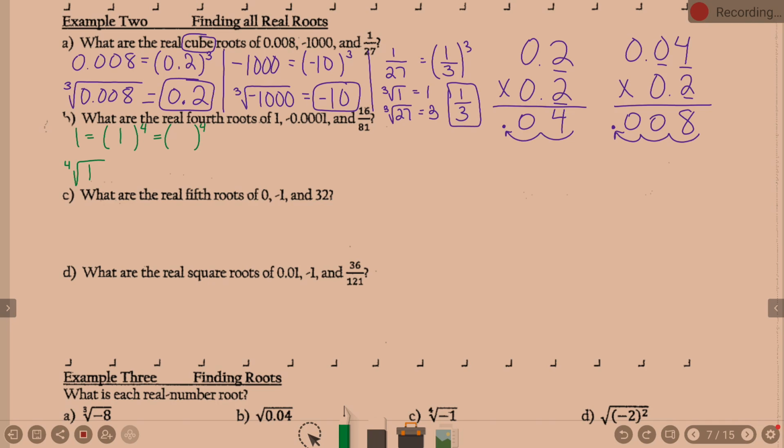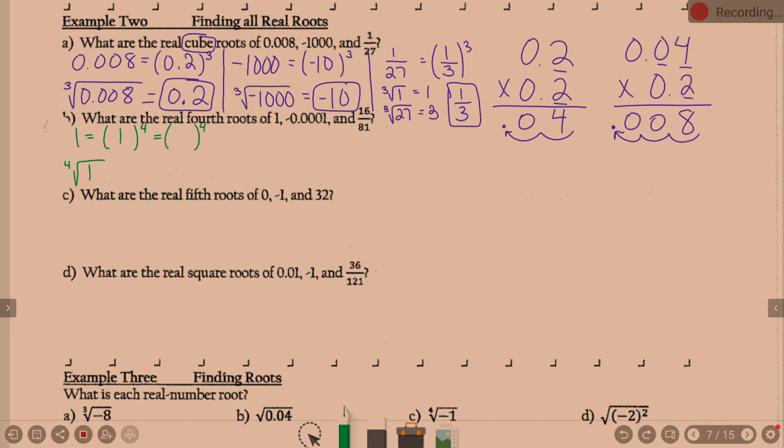If they wanted you to say plus or minus, they would have had a plus or minus in front of the radical sign. The radical sign, when they actually put that in the question, only means they want the positive root. Okay? If they wanted the negative answer, they'd put a negative in front of the radical. If they wanted both, they put plus or minus in front of the radical.